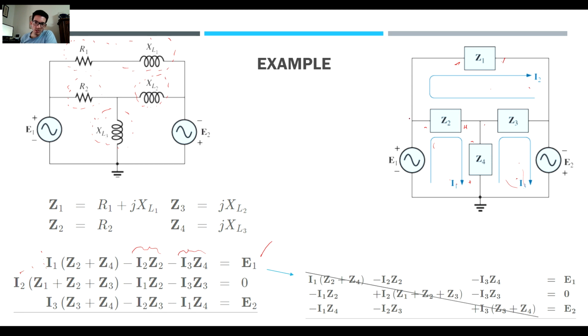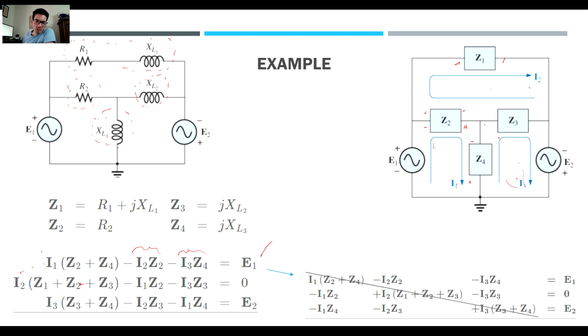Then it has a contribution of Z2, yes, that is true, and a contribution of Z3, yes, that is true. So this particular one has a contribution from everyone. And since Z2 is connecting to mesh 1, there's going to be a contribution from current 1, and Z3 has a contribution from current 3.